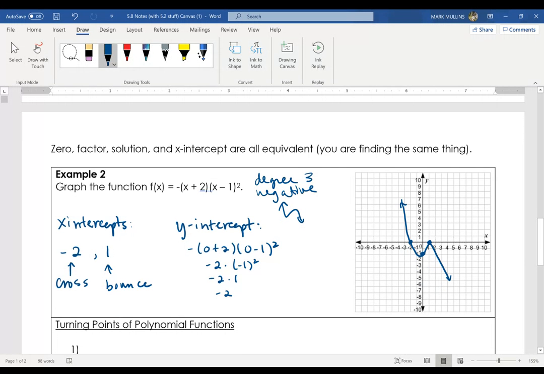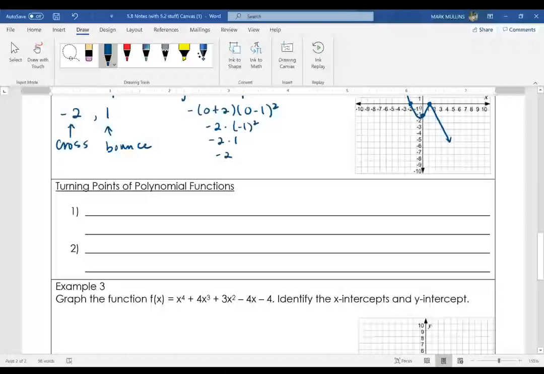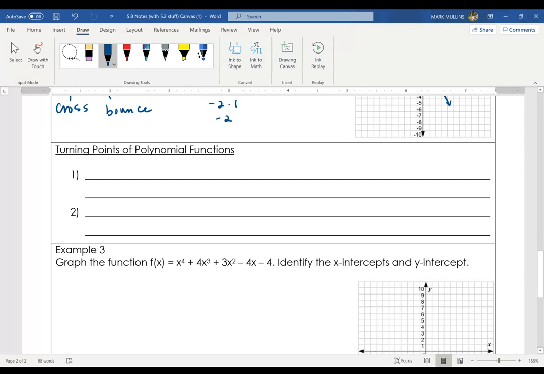So we're using what we know about graphs and shape and negative or positive. We're finding just a couple points, our x-intercepts and our y-intercepts, and then we're going from there. So to look at turning points of polynomial functions, and we kind of talked about this earlier, but now we're going to actually get some math language down here.